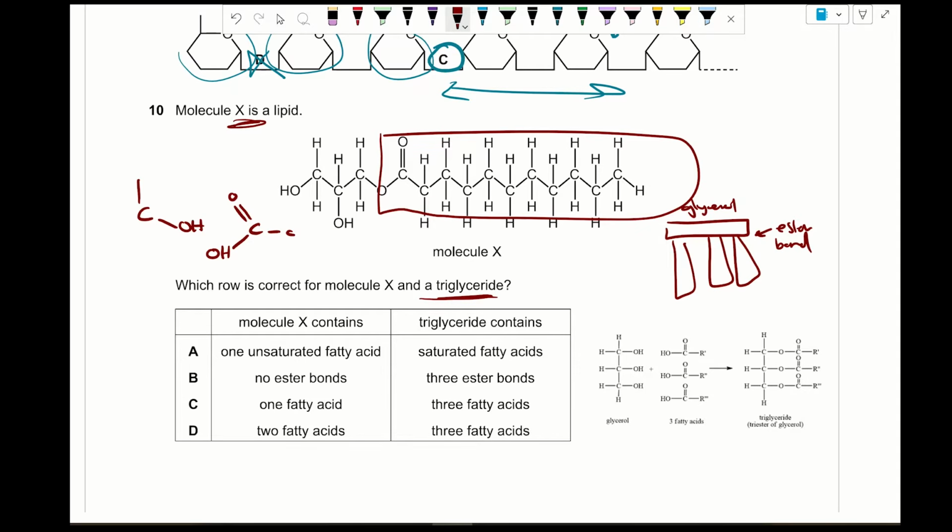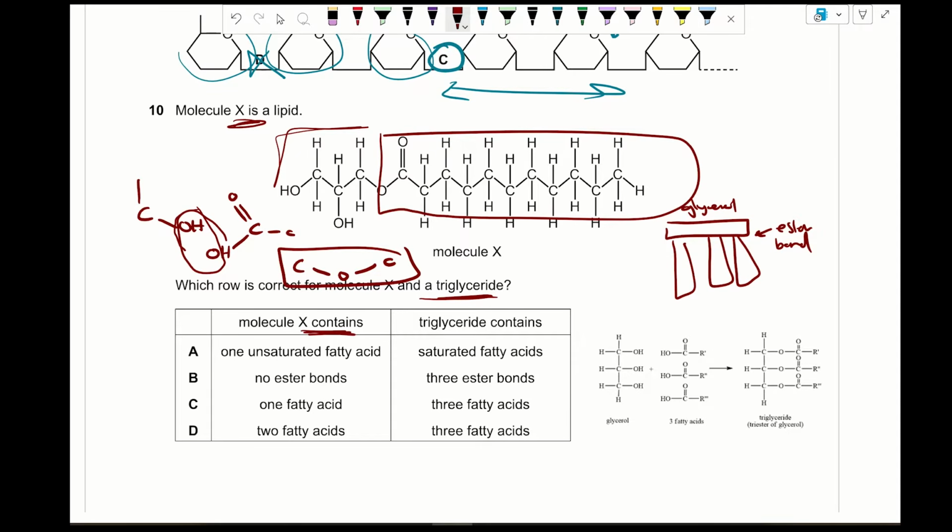If these undergo a condensation reaction, the OH from the alcohol, which is this part, takes one O from the carboxylic acid, and then it forms an ester bond, which looks something like this. Now we know the basis of the reaction. Now let's see the suggestions that we have here.